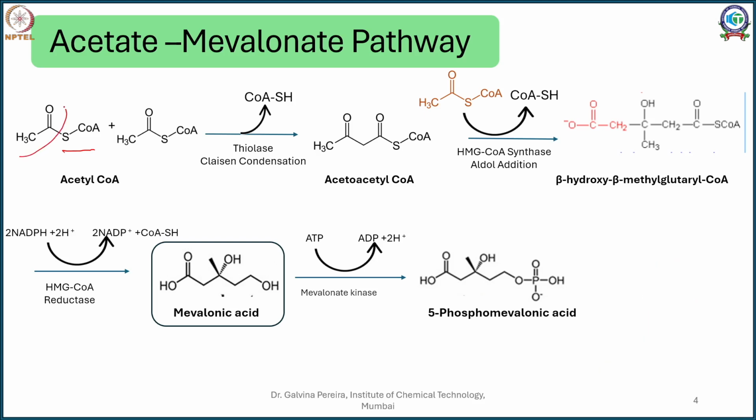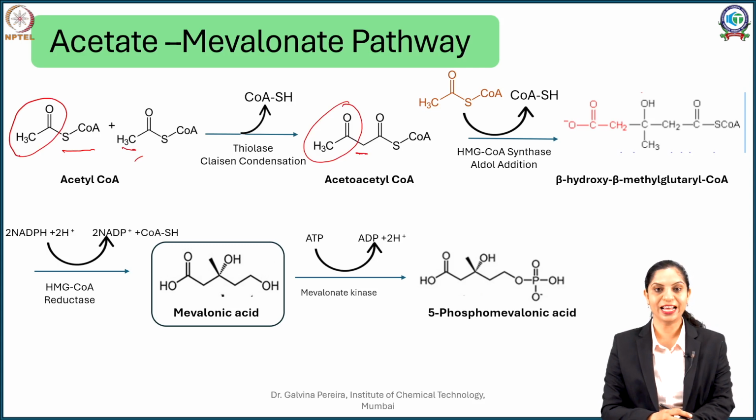So you find this functionality joins here to the methyl, this is the methyl of the next acetyl-CoA, and you get what is called acetoacetyl-CoA. Now this undergoes what is called an aldol addition, and one more molecule of acetyl-CoA is involved in the process.